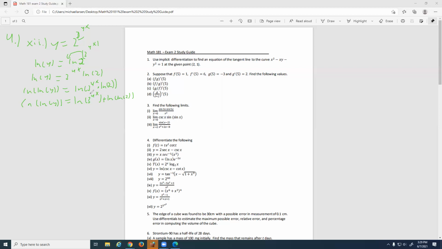And then from there, we can bring this power to the front, and then we can take the natural log just one more time. So it'll be something like this. Natural log of y is equal to the natural log of 4x natural log of 3 plus natural log of 2.